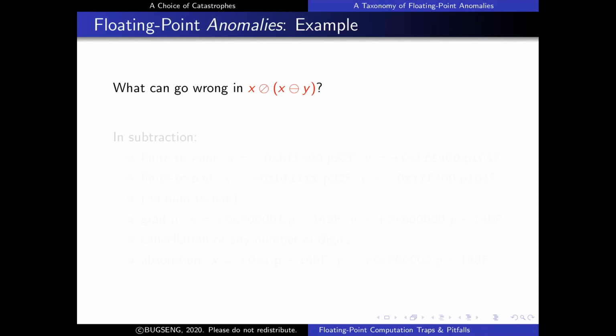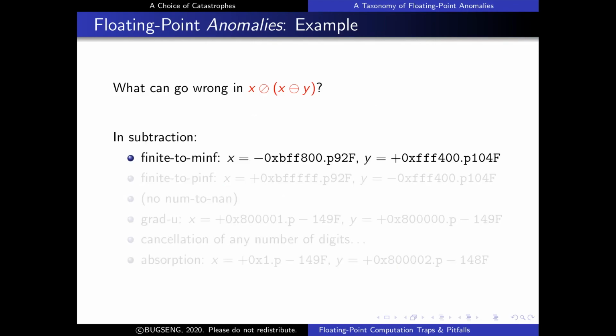Well, in this tiny expression, there is an incredible number of things that may go wrong. In the subtraction, we may have a finite to minus infinity transition. We have two finite numbers here, and their subtraction will give minus infinity. We can also have finite to positive infinity. These are two numbers that when subtracted will give rise to positive infinity.